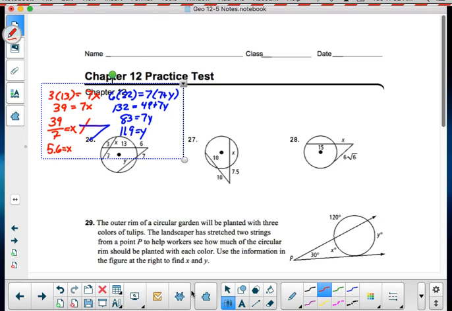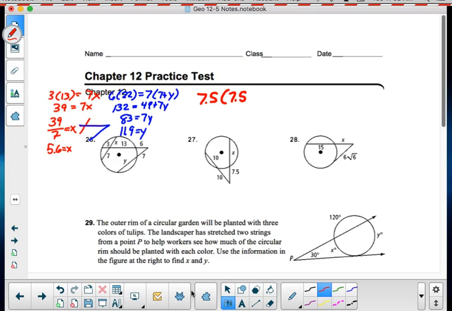27, I've got 2 secants coming together. So I've got the outside times the entire length. Excuse me, the entire length I must add is equal to the outside times my entire length.